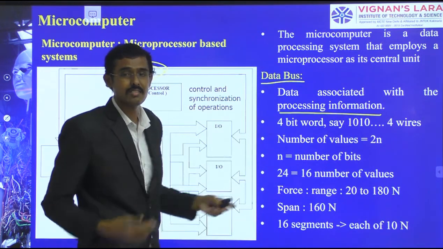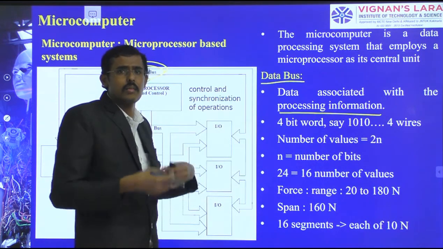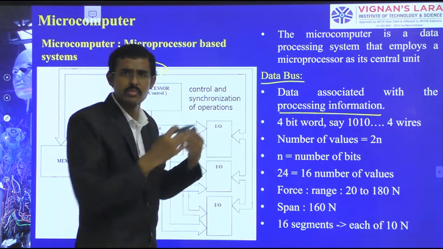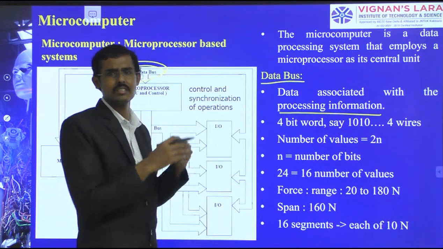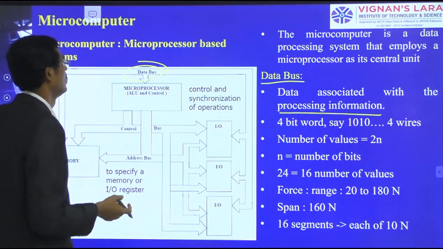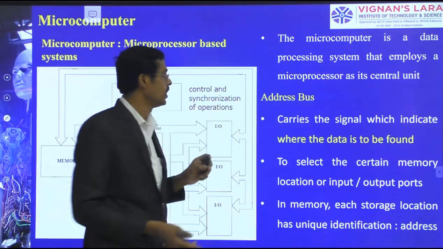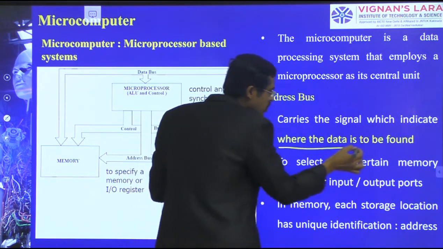So some data we are giving as an input. Like for the mechanical side, we can consider tensile strength data, toughness data, some mathematical data. Whatever it is, a group of information we have taken there. And then the address bus carries a signal which indicates where the data is to be found.